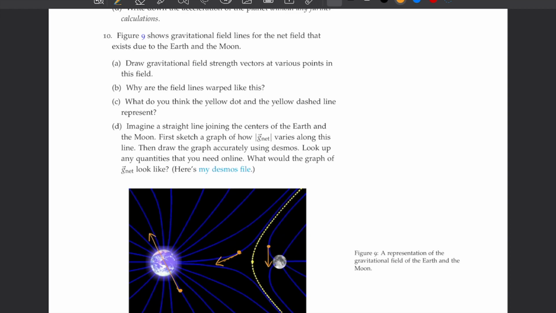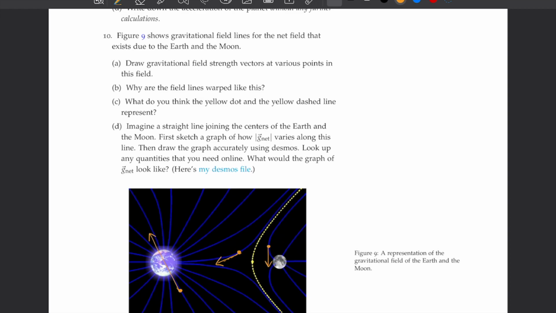So that's how that works. Why are they warped like this? Well, these field lines represent the net gravitational field of these two bodies, so we need to add the separate strength vectors from the Earth and the Moon at every point. We're doing vector addition at every single point. That's why the field lines look like this.